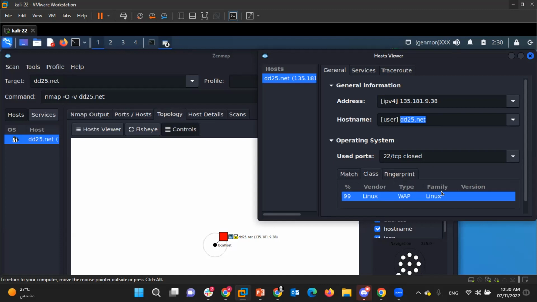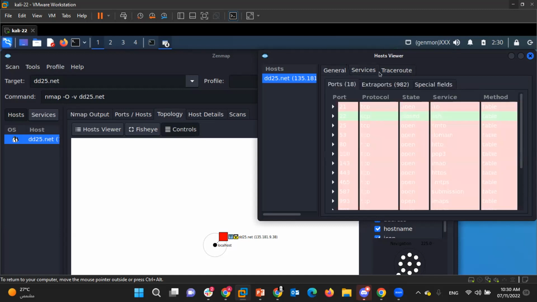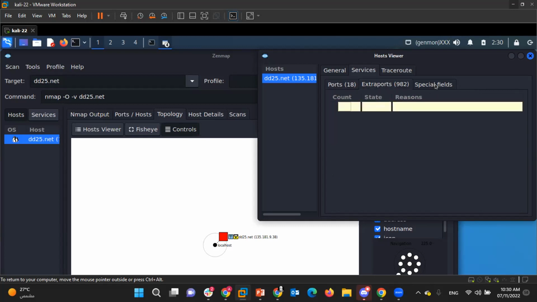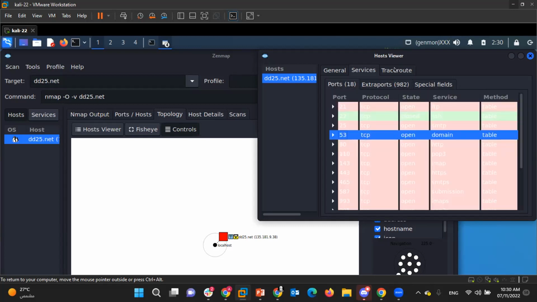We have the server name, IP address, operating system, and which ports are open, all of this data. Here we can find the services, and try to find vulnerabilities for these ports or how they can be used to attack.